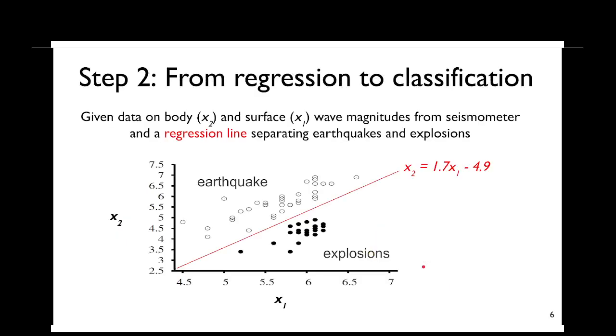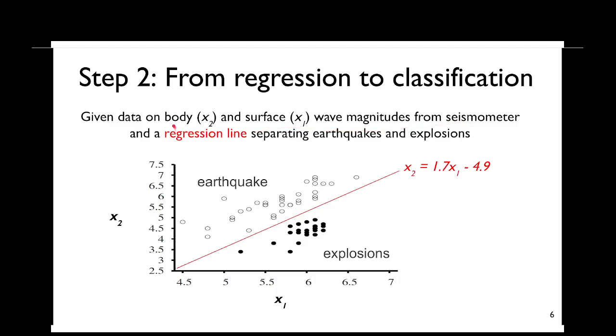So let's start with step 2, moving from regression to classification. So consider this example in which we have 2 data variables, x1 and x2, and they measure results from a seismometer. So we're in the Bay Area somewhere in the US, and we have earthquakes there, but there are also explosions.